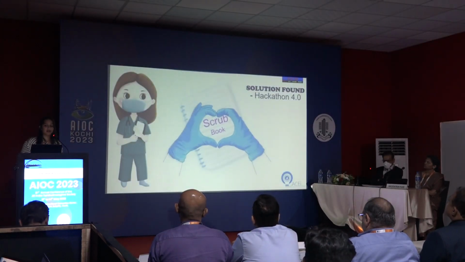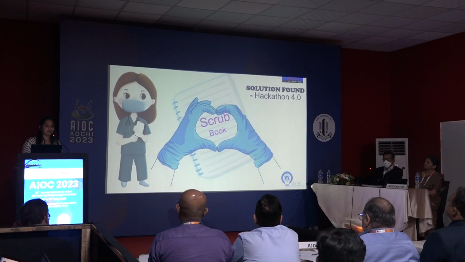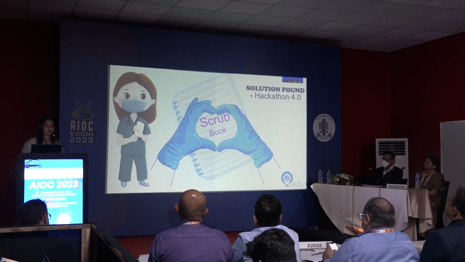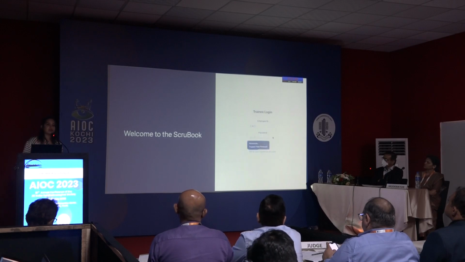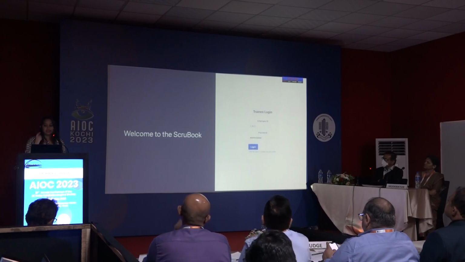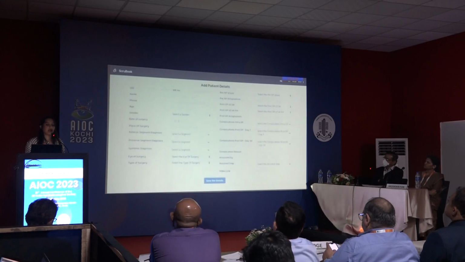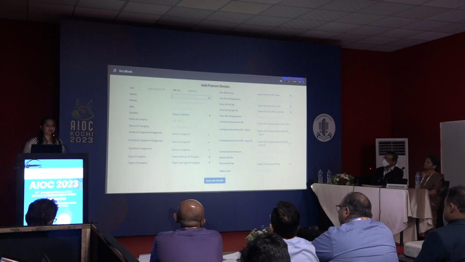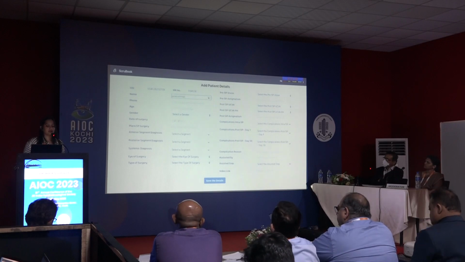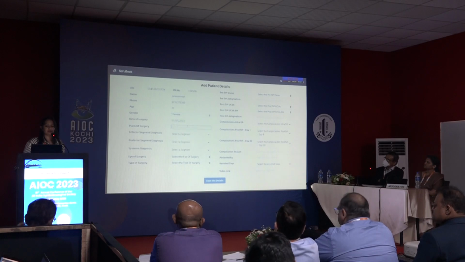In this hackathon, which happened in Arvind Eye Hospital, I found Scrubbook. You can see here how Scrubbook works. Scrubbook is a web page app wherein the trainee can register, log in, and add all the patient details: the demographic details, name, age, date and place of the surgery, and all the details required, such as complications, pre-op vision, post-op vision, and astigmatism.